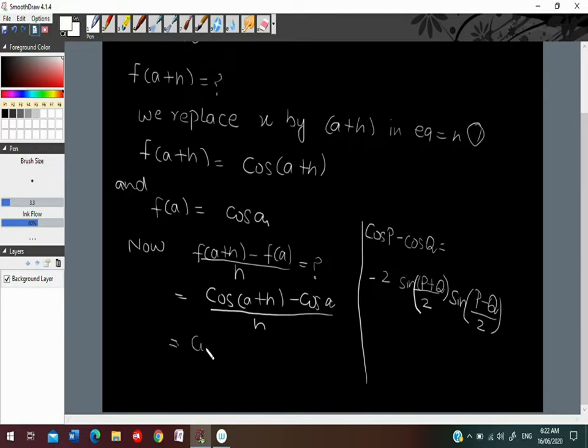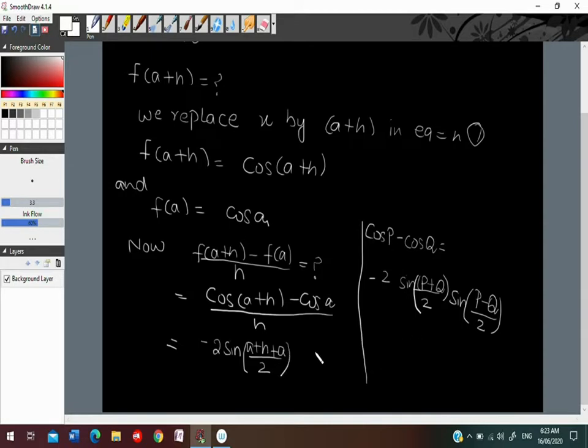So our equation becomes, we have to apply the formula, minus 2 sine of a plus h plus a, this is p and this is q, divided by 2 according to this formula, right?